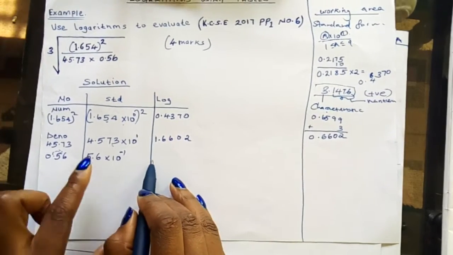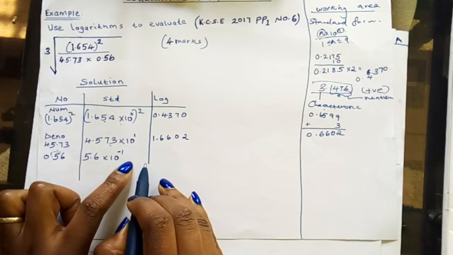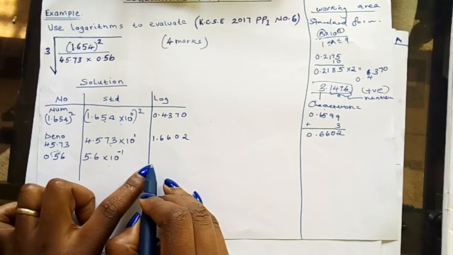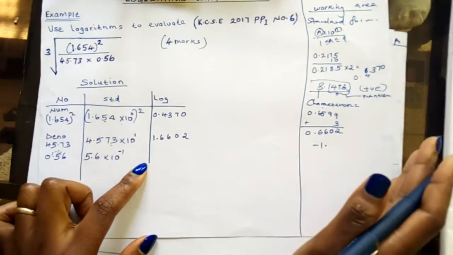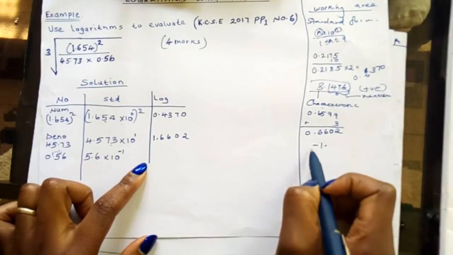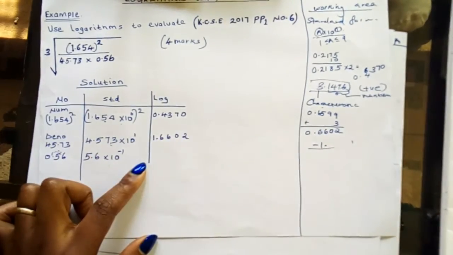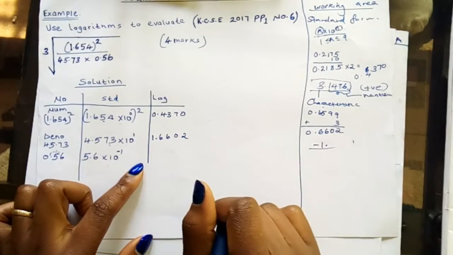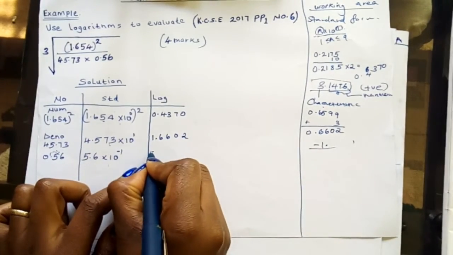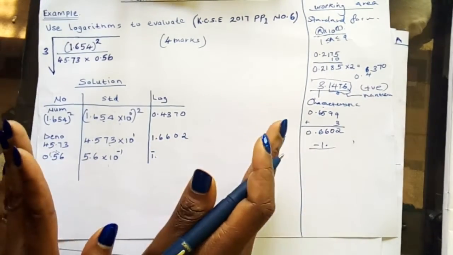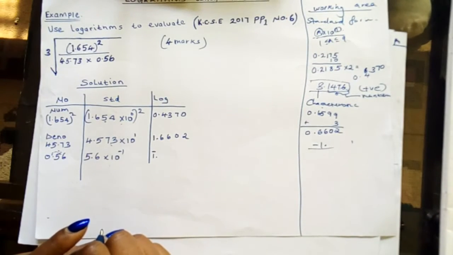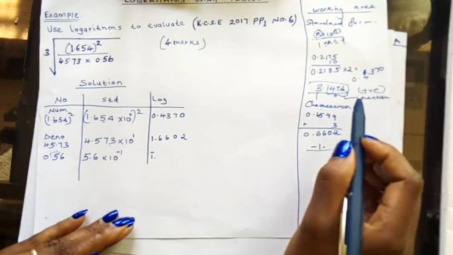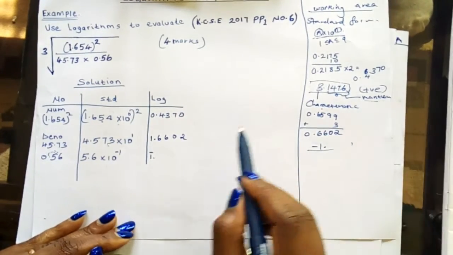We cannot write -1 point something, because when we write it like this, it will mean that the entire log is negative. So what we normally do is write bar 1, to mean that it is only the characteristic that is negative, because remember I have said that mantissa is always positive.